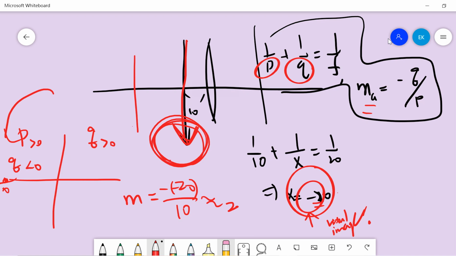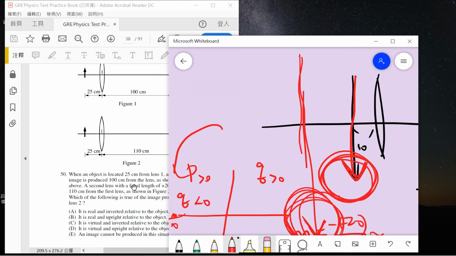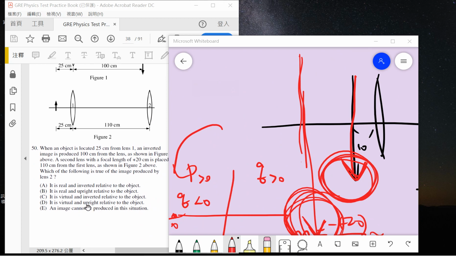So it should look twice as large, but still downward. So basically, it's virtual and inverted relative to the original object. So the answer is C.